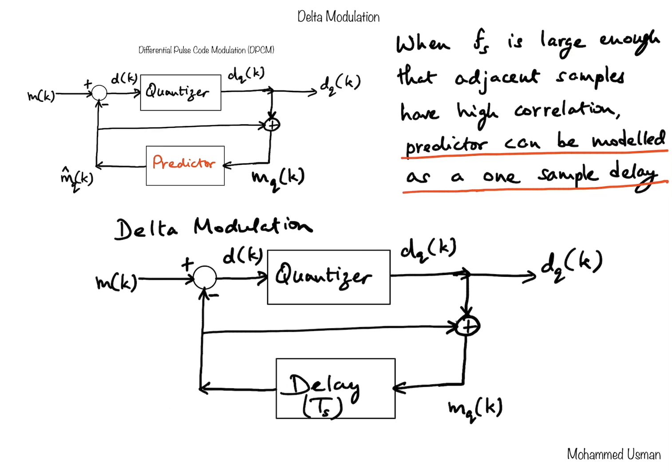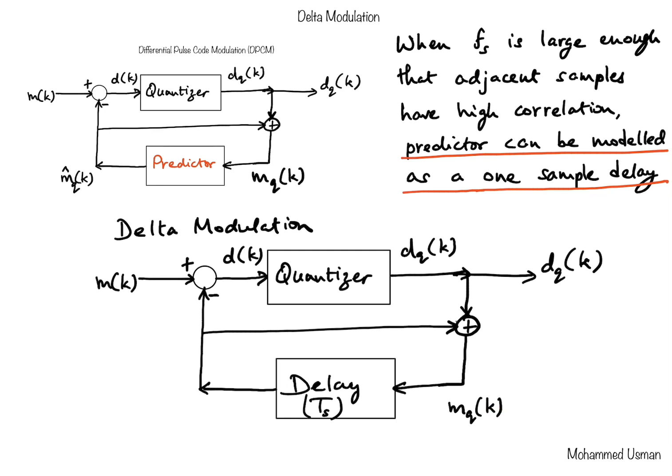Keeping everything else the same, if the input to the delay is mq of k here, what would be the output? It would be a delayed version of the input, delayed by one sample, that is one Ts, whatever Ts is.